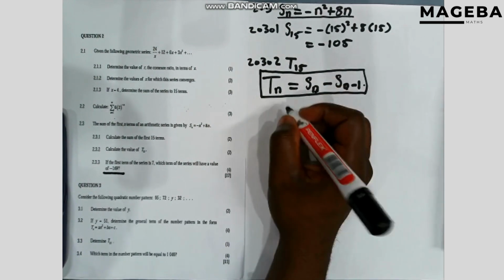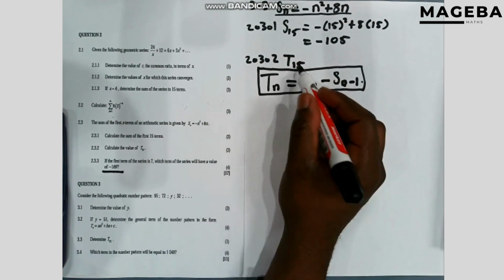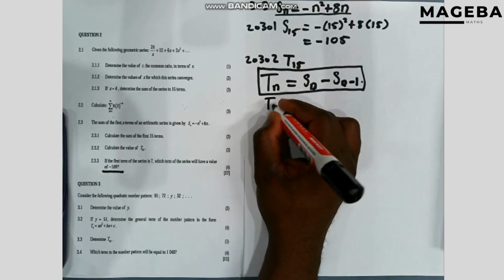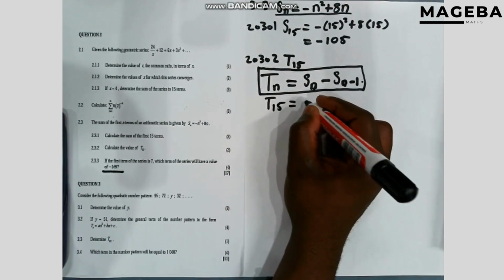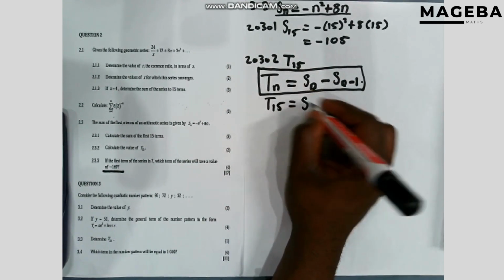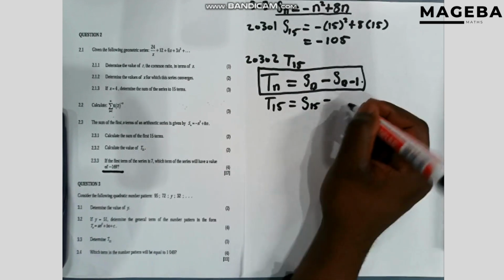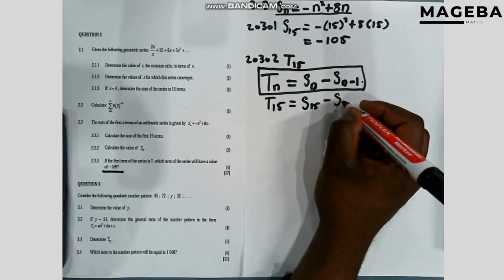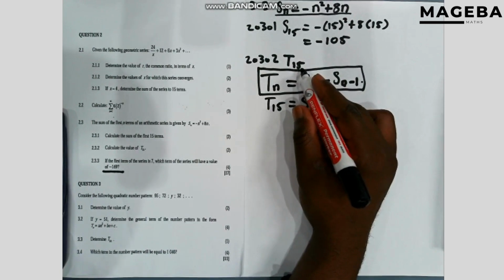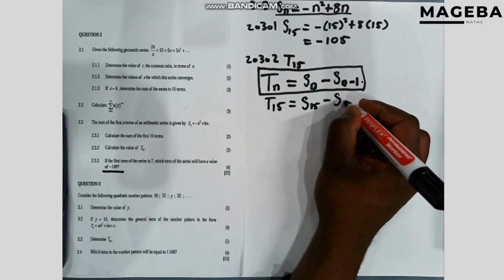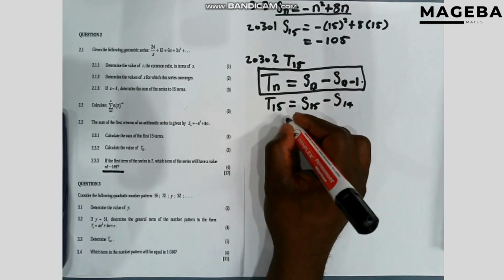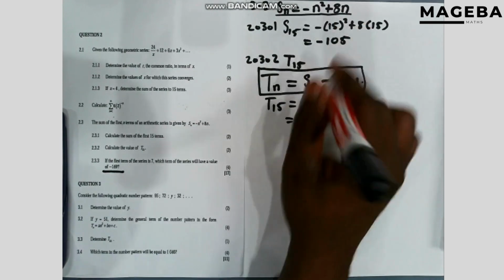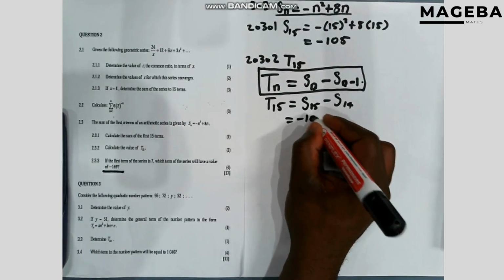So since we want t15 here, it's going to be s of 15 minus s of 14. So sum of 15, we already found it, which is negative 105.